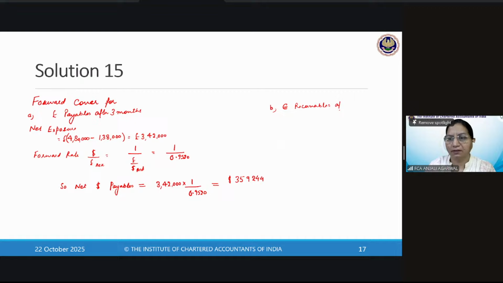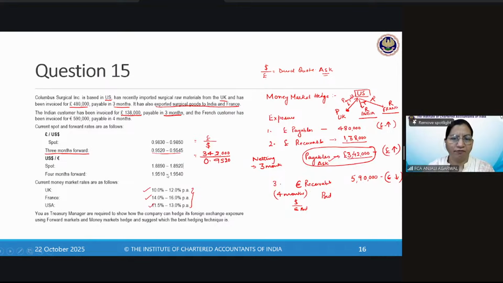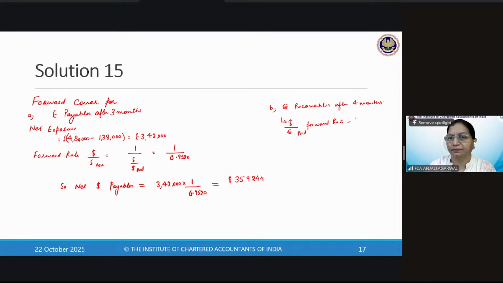Euro receivables after 4 months. Dollar by euro bid forward 1.9510. This is given directly.